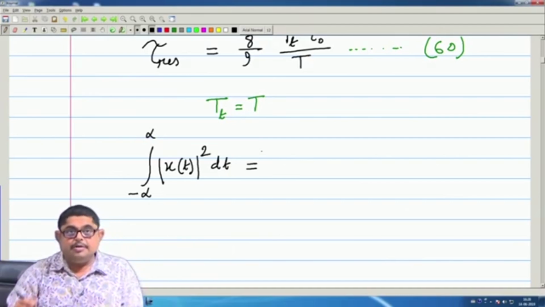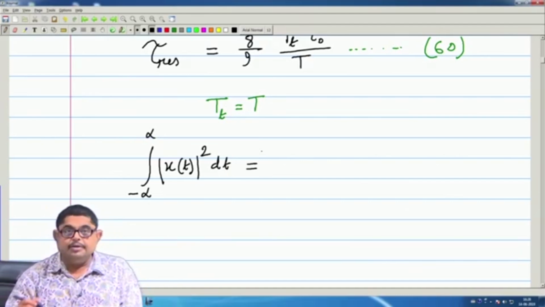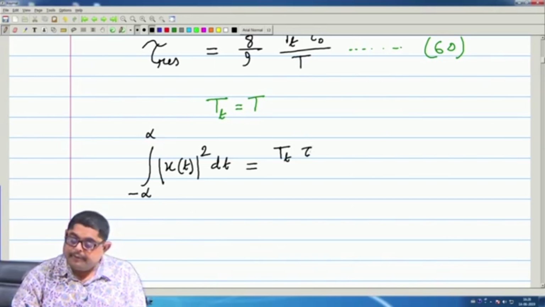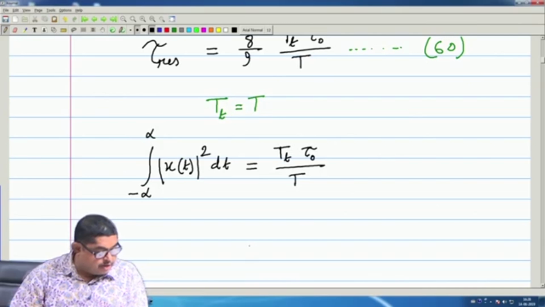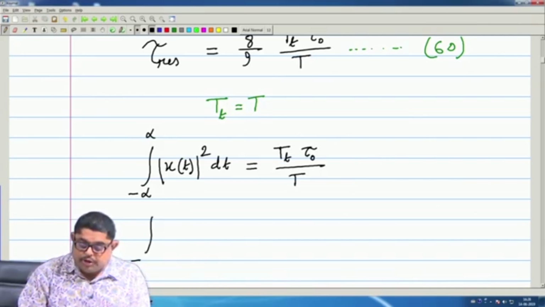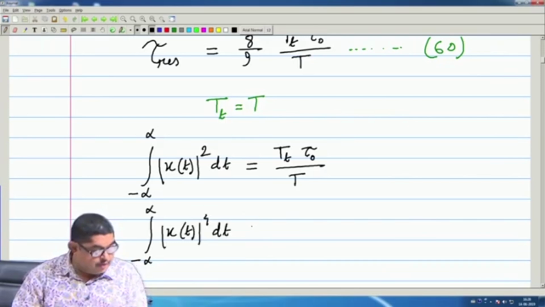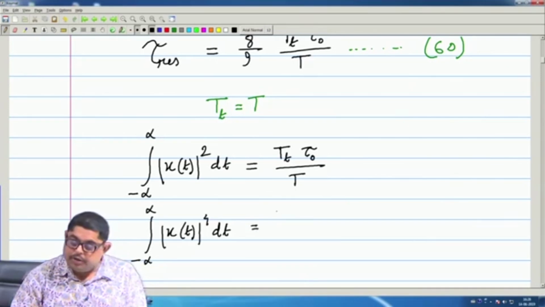So, from the Fourier domain by Parseval's relation, we can get it because already this has been calculated earlier. And one more thing we want.